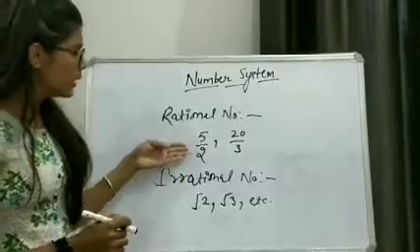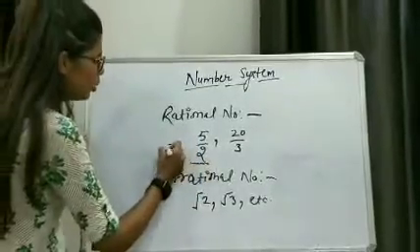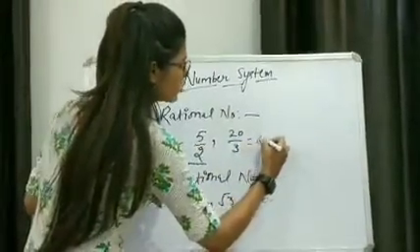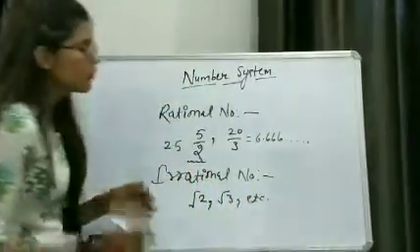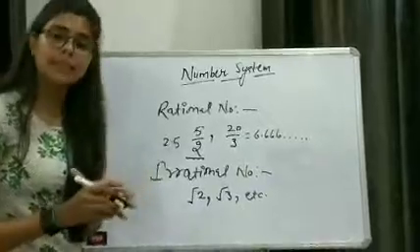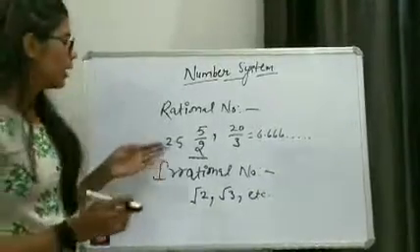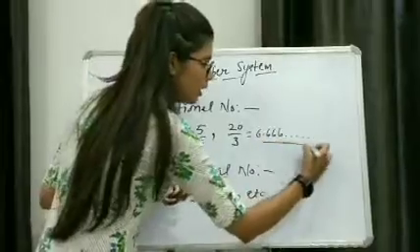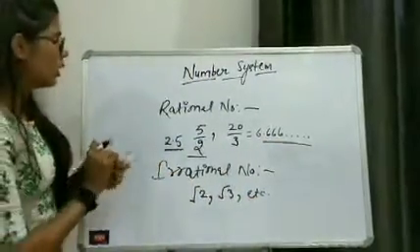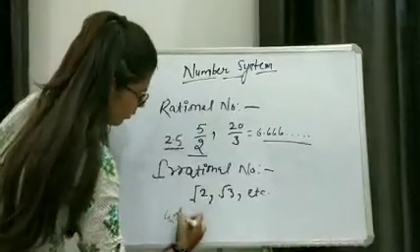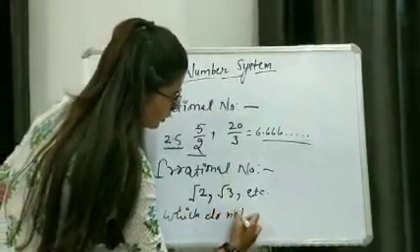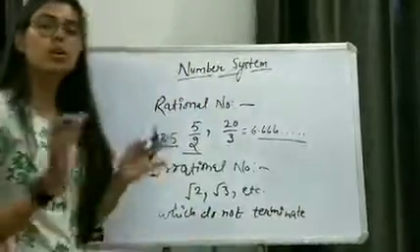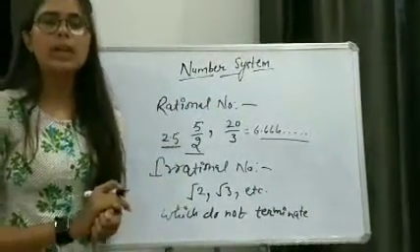When we see the decimal expansion of this number, it is 2.5, or when we see the decimal expansion of this number, it is 6.6666... So we can say that the numbers which have a terminating decimal expansion or which are repeating are called rational numbers, and those which are non-terminating or non-repeating are called irrational numbers.